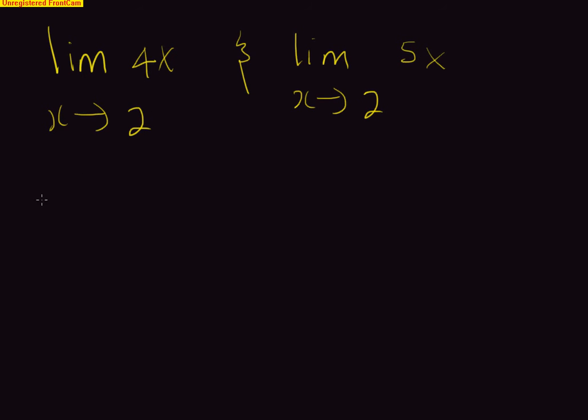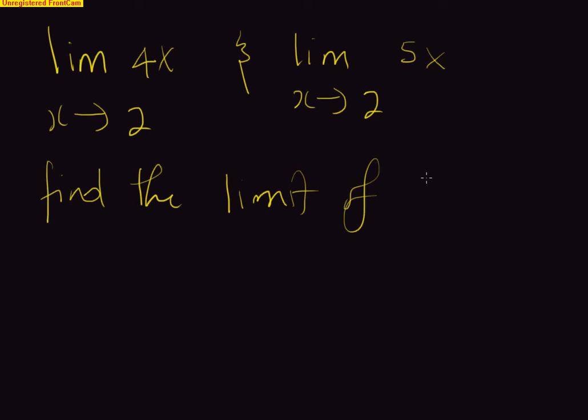Let's say this is g of x, and this would be my f of x. We're trying to build one here from scratch using examples. Find the limit of f of x plus g of x.